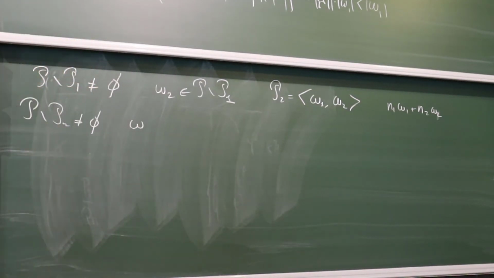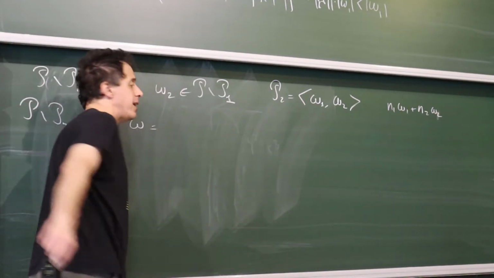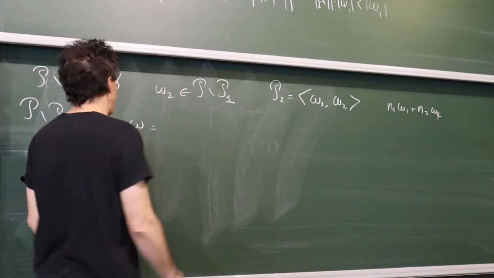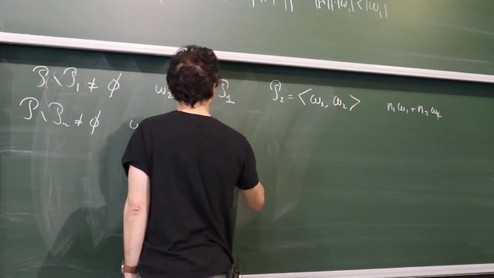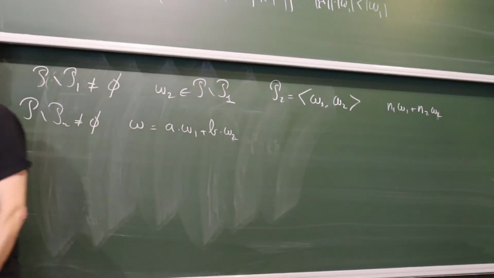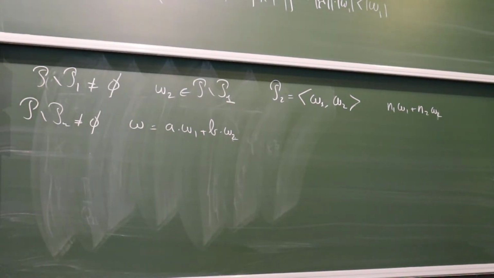As omega 1 and omega 2 are not on the same line, they generate C as a real vector space, as C is a two-dimensional vector space. So omega 1 and omega 2 are a basis. Such an omega can always be written as A omega 1 plus B omega 2, where A and B are real numbers.